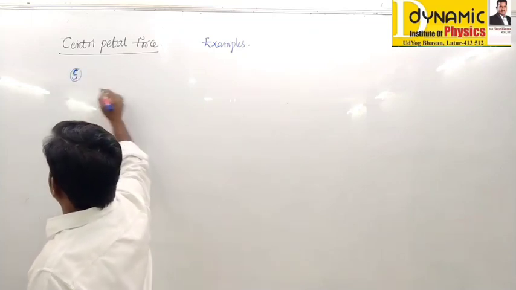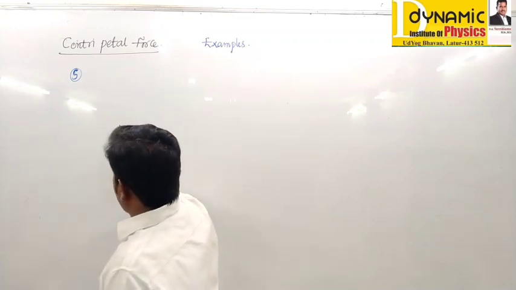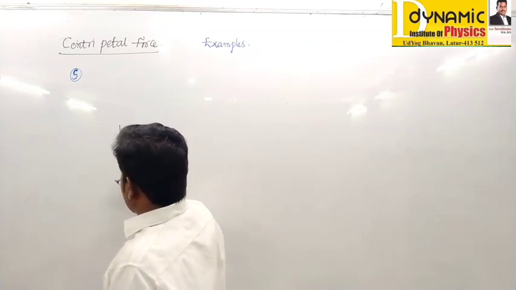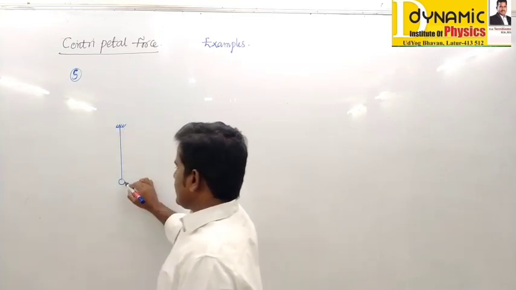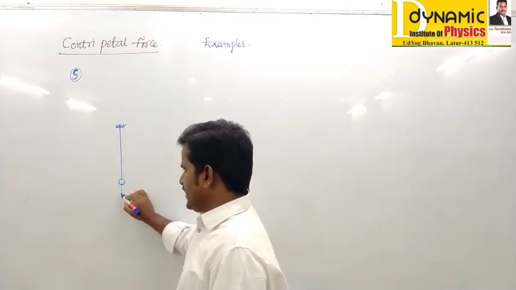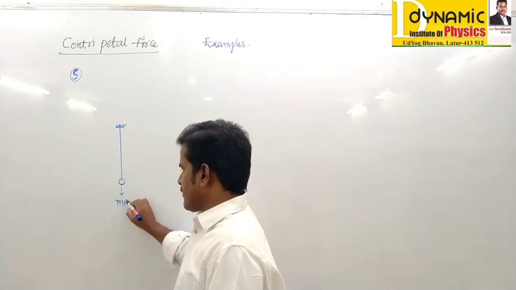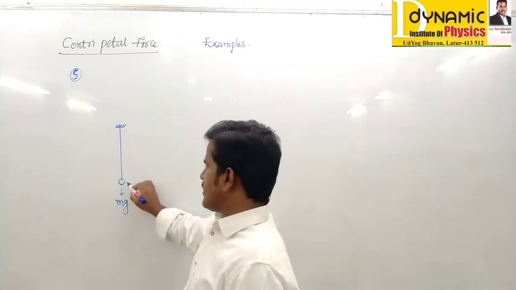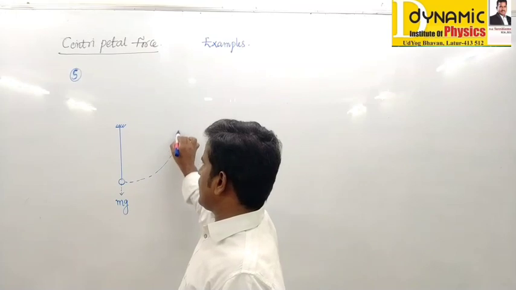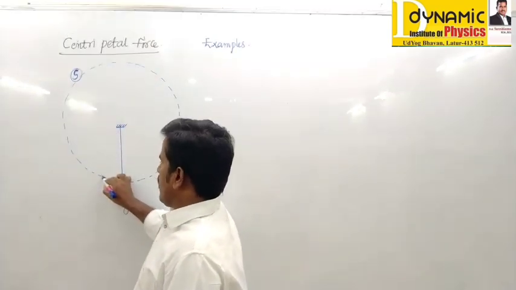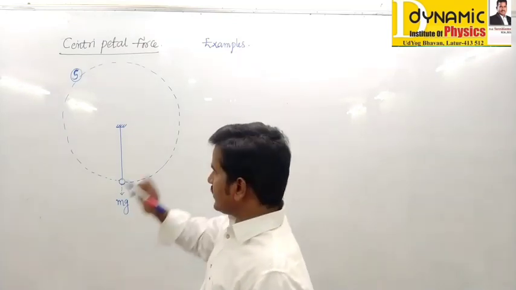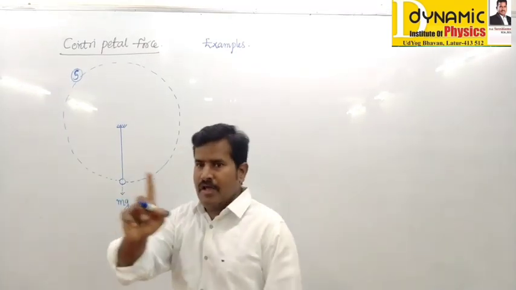One string, and one load attached to the lower end of the string. The weight of the load is mg. This is revolving in a horizontal circular path, not vertical, it is horizontal.